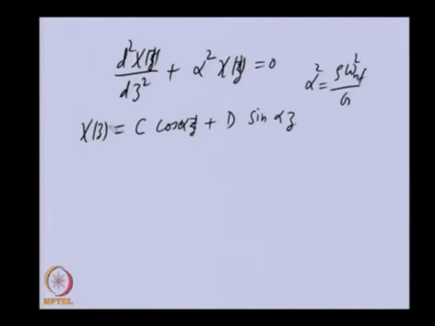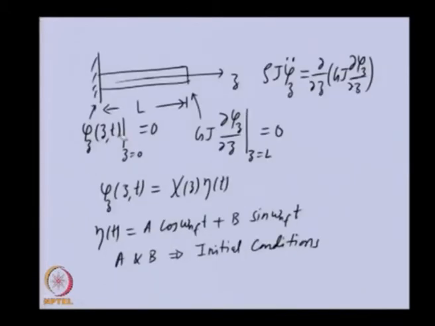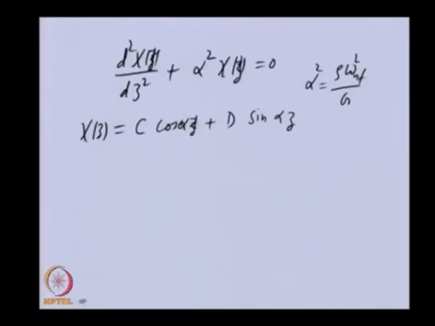This is the solution which we are assuming for this differential equation, where C and D are constants, and they will be obtained from the boundary conditions of the problem. For the cantilever case which we are dealing with, we have seen that these are the two boundary conditions. So from these two boundary conditions we will obtain the C and D values.